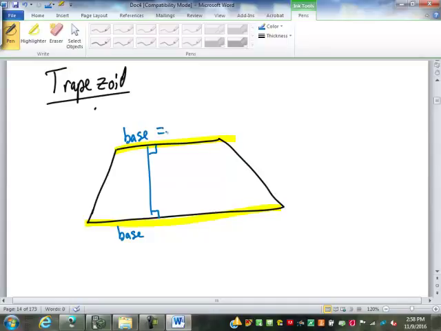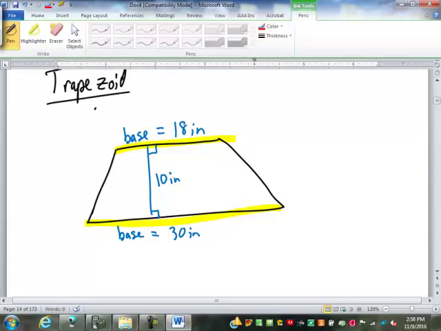Let's say that the top of this is 18 inches. Let's say the bottom of this is 30 inches. Let's say the distance here, we'll call that 10 inches. Well, when we're working with triangles to find their areas, we related it to a rectangle.